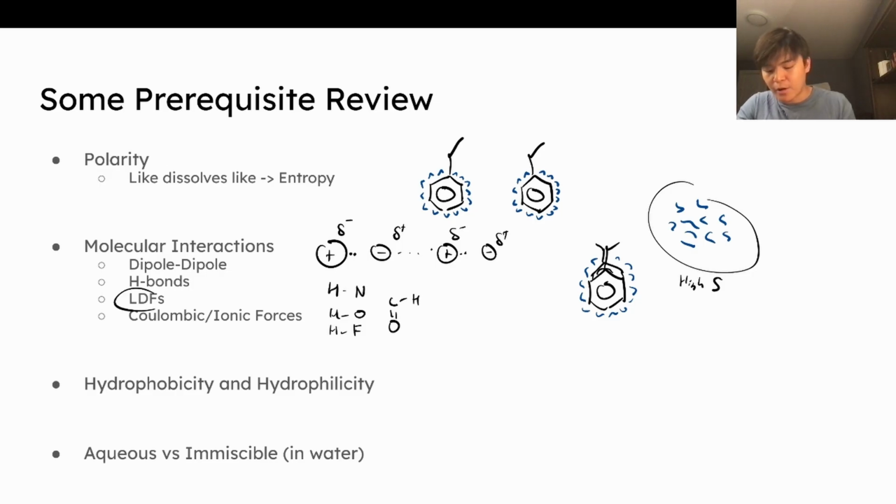Another thing we want to talk about is London dispersion forces. Basically, if we have 2 atoms and we have some electrons, over time, just by random chance, these electrons are going to repel each other. And if by chance some of them get repelled to one side, this forms a pseudo dipole on the atom itself, where there's more electrons on one side and less electrons on the other side.